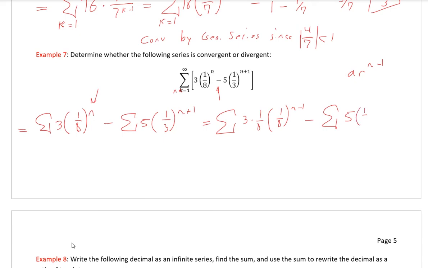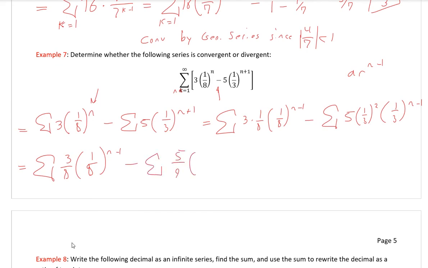So I take away 1/3 squared, and I have 1/3 to the n minus 1 remaining. Therefore, what we have is 3/8 times 1/8 to the n minus 1, minus the summation of 5/9 times 1/3 to the n minus 1.